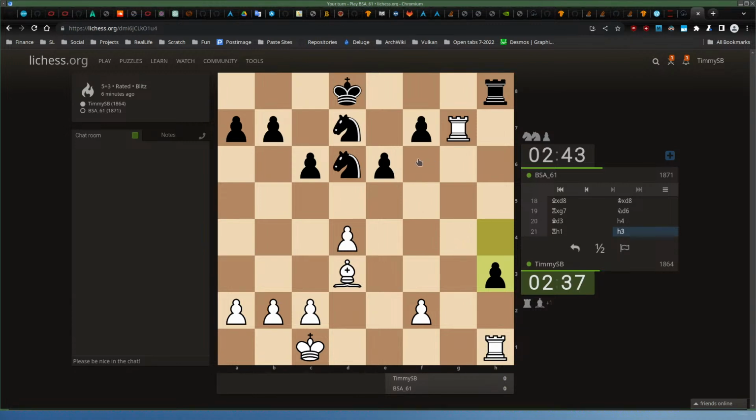And then, no, I just take it with this rook. Block it. Well, that pawn is lost. My friend, the pawn is lost.